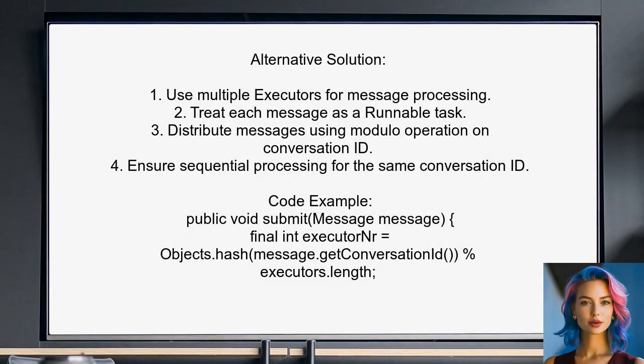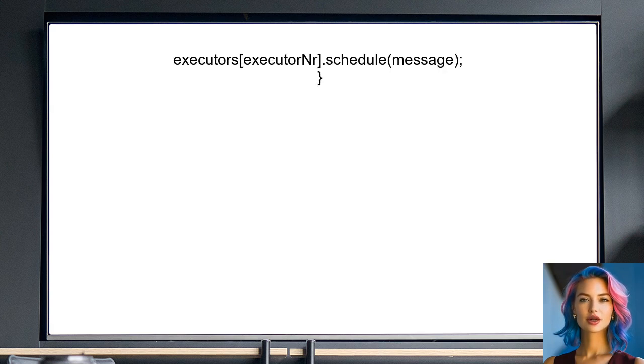An alternative solution involves using multiple executors to process messages while preserving order within conversations. Each message is treated as a runnable task. The user suggests distributing messages to different executors based on the conversation ID using a modulo operation. This way, messages with the same conversation ID are processed sequentially by the same executor, allowing for parallel processing across different conversation IDs.